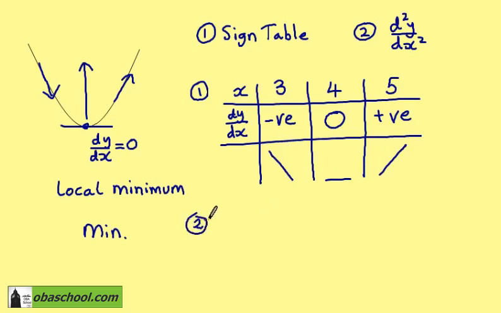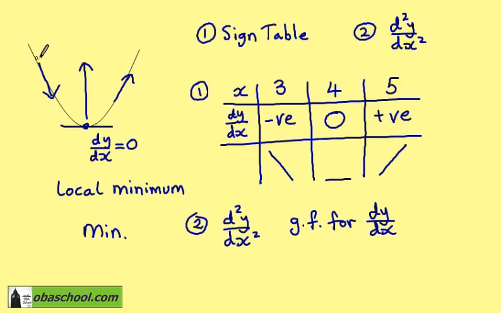If we now consider the second derivative, d2y dx squared, this is the gradient function for dy dx, which follows since dy dx is the gradient function for y. So if we differentiate again to get d2y dx squared, we would expect this to be the gradient function for dy dx.